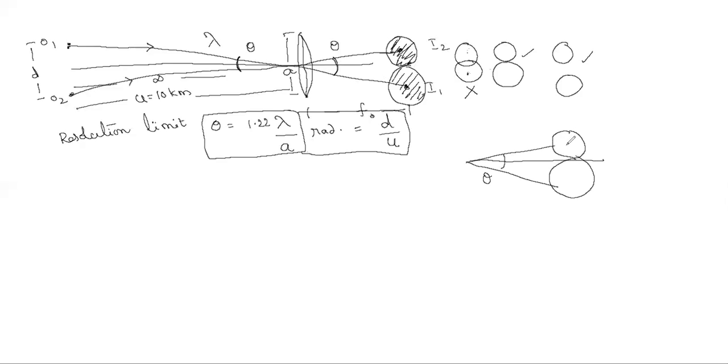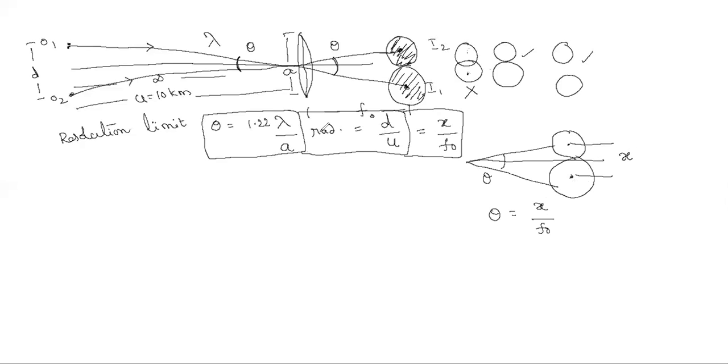If they ask the separation between the two centers, take it as x. Then theta equals x by F4. So any formula you use here is to find the resolution.